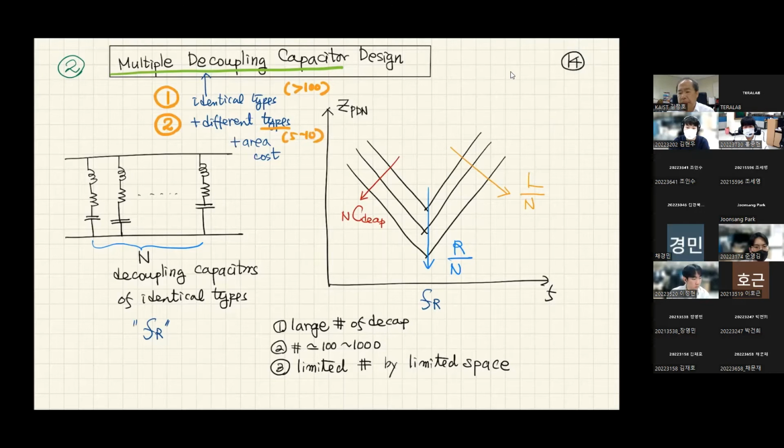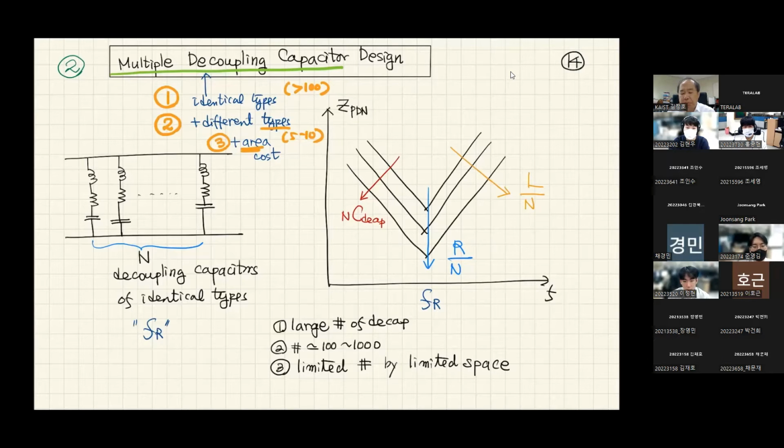So I'm saying that to reduce the inductance, we have to increase the number of decoupling capacitors. By doing that, we can reduce the effect of self-inductance and interconnection inductance. But all of that will take area, because we want to put a larger number of decoupling capacitors rather than one big one.